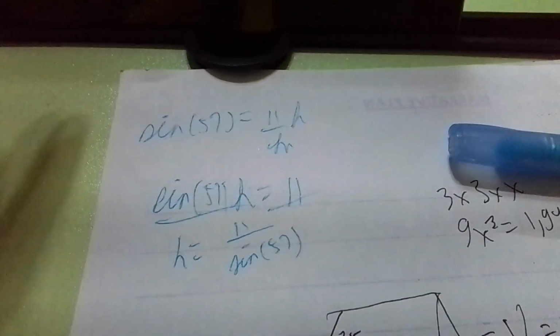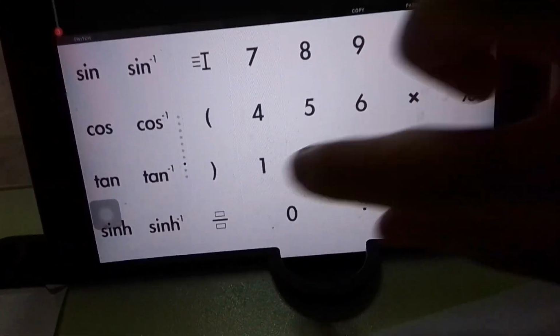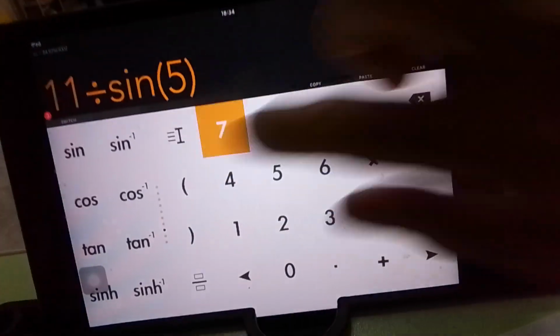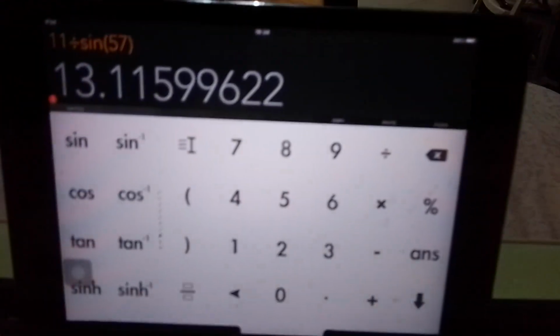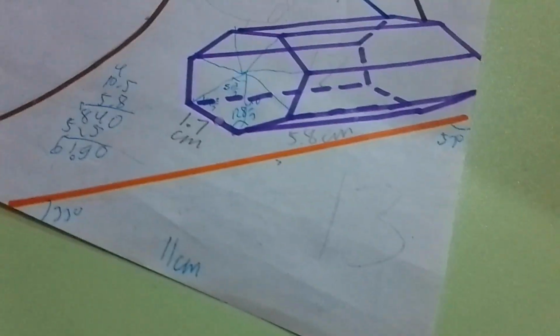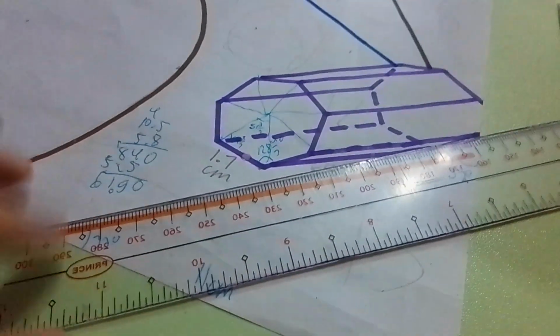To get the answer, let's plug this into our calculator. 11 divided by sine of 57, and what did we get? The answer is 13.11. So therefore, the measure of the hypotenuse is 13.1.